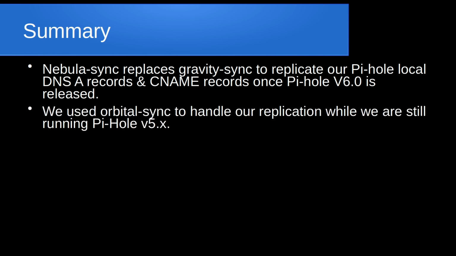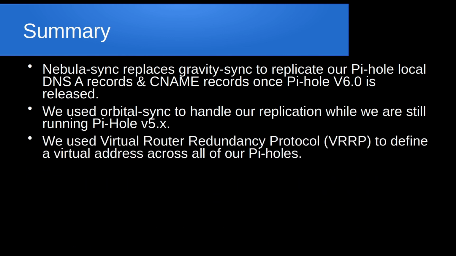And again, we used Orbital Sync to handle our replication while we're still running Pi-hole version 5.x. And we used Virtual Router Redundancy Protocol to define a virtual address across all of our Pi-holes. And in this video, we added a Raspberry Pi as a tertiary Pi-hole in order to do our DNS translation in the event that my primary and my backup Pi-holes both go down.